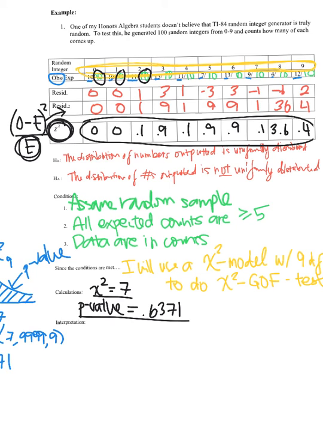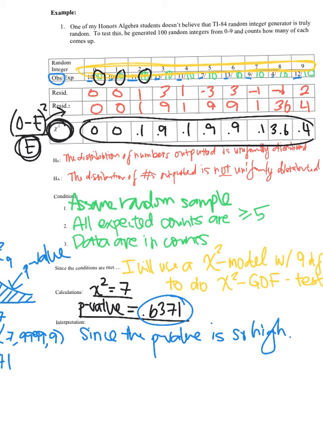All right, so we're ready to move on to our conclusion. So our conclusion now is that's a pretty high p-value. So since the p-value is so high, I fail to reject the null hypothesis.